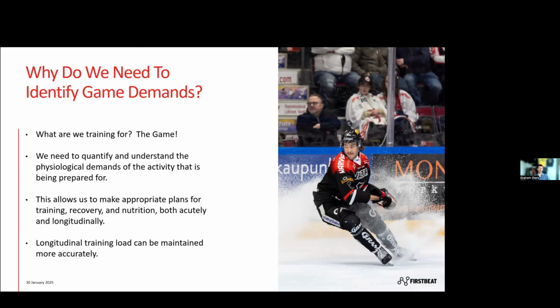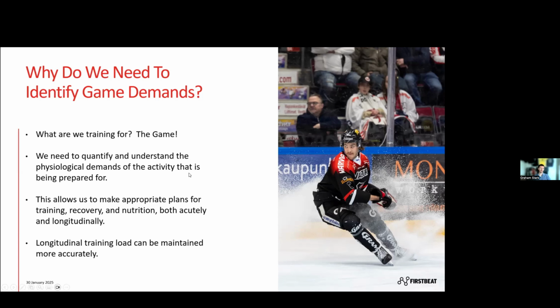We obviously need to understand the demands of the activity, because soccer and ice hockey are very different, for example, in terms of the physiological profiles. Soccer is a bit more continuous, whereas ice hockey players are continually on and off the ice, with shorter, higher intensity bursts. So we need to know the differences for our own specific sports.